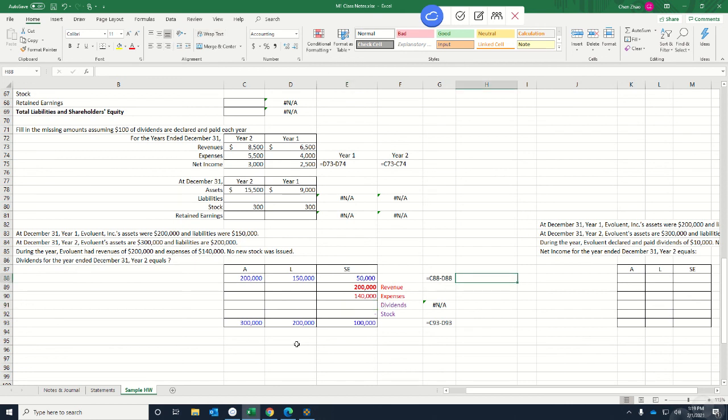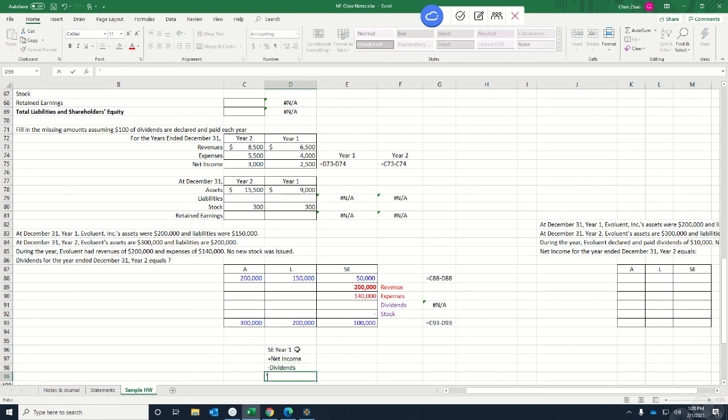If we have dividends, then how can we squeeze out the shareholders' equity for the new year? We use shareholders' equity year one, plus net income, minus dividends.